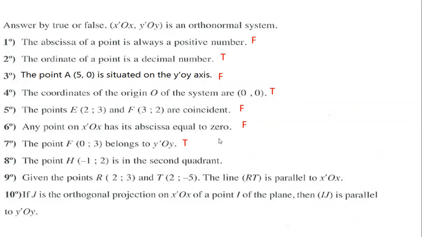Adam Hajjaji. Yes, miss. Number 9. Given the points R(2, 3) and T(2, -5), the line RT is parallel to x prime x. If you look at points R and T, Adam, what do you notice? They have the same what?